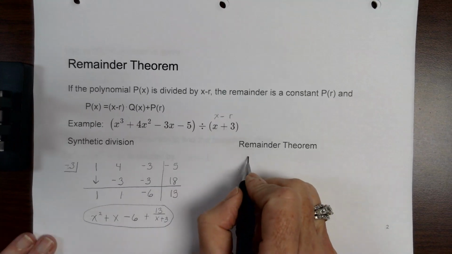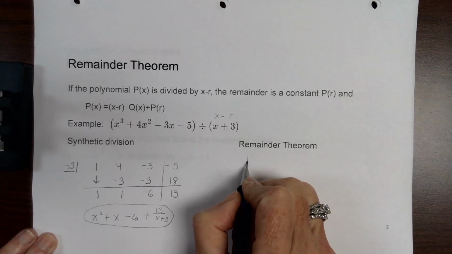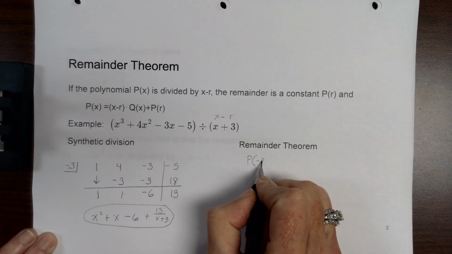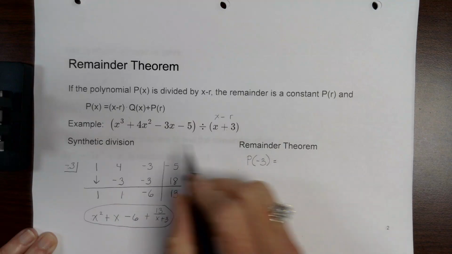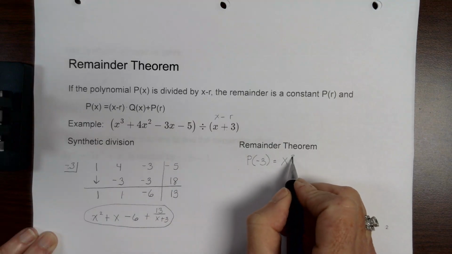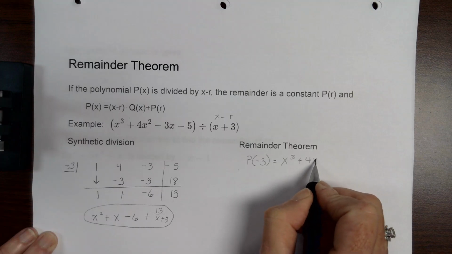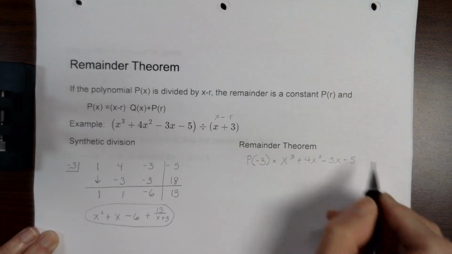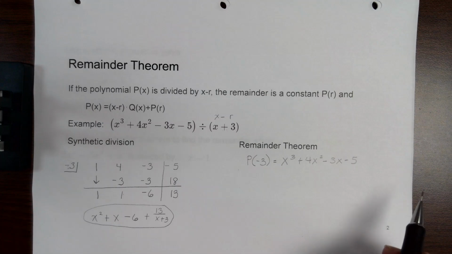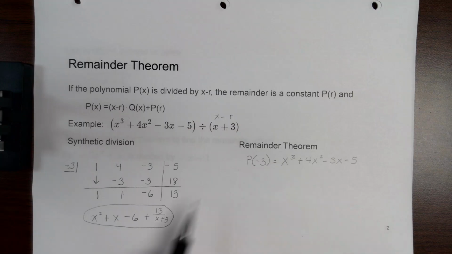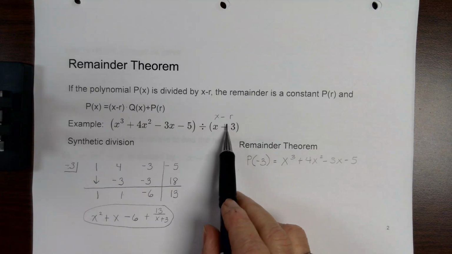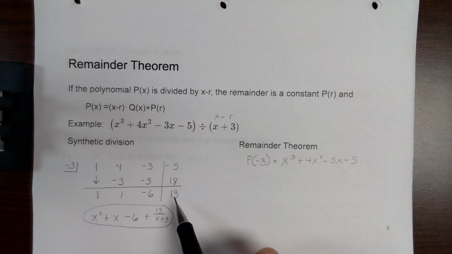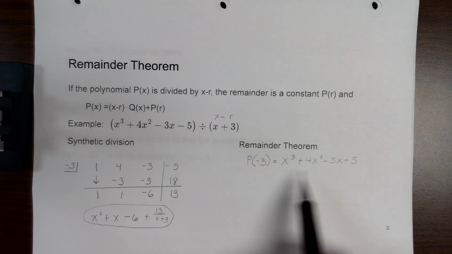Then if I plug that in, so if I say p of -3, and I plug it into this equation, x cubed plus 4x squared minus 3x minus 5, and I would probably use the store button on my calculator to make it easier, the result should be that remainder. So when you plug in this factor, the remainder should be the result of plugging it in.